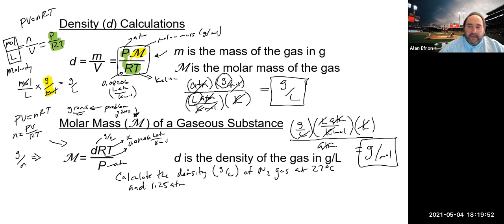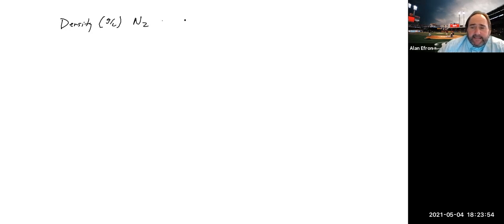And that's about it. Yes, so that's all you should need. There you go. Nitrogen is 14.01 grams per mole. All right, so take a couple minutes and see what you come up with. That is at 27 degrees Celsius and a pressure of 1.25 atmospheres.